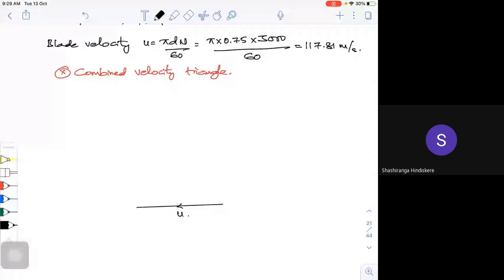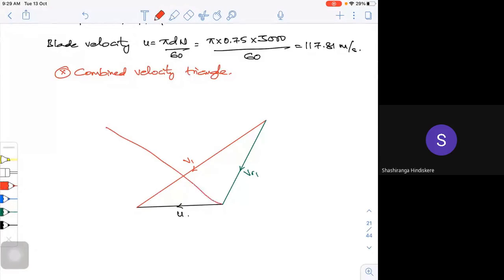For this I have a V1, something like this, and then I have my VR1. Then I have a V2, then I have my VR2 like this. So this is called a combined velocity triangle.